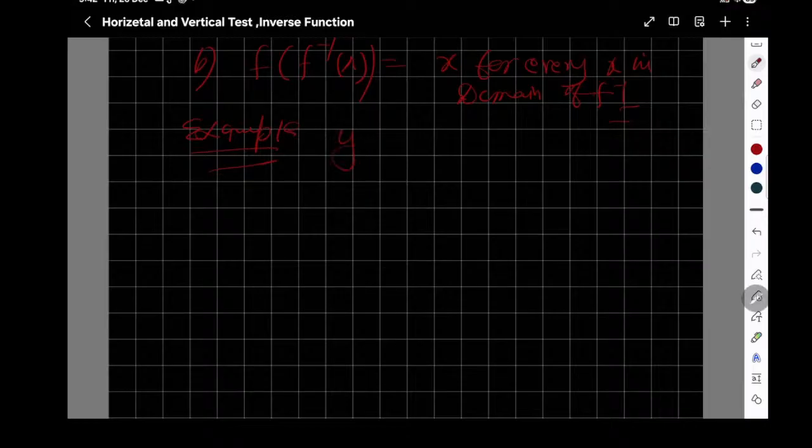Take y equals 3x minus 5. Then find f inverse of y.